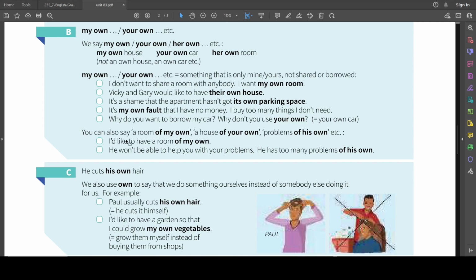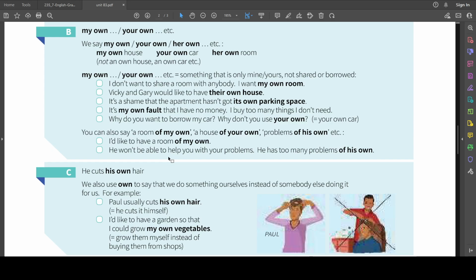You can also say a room of my own, a house of your own, or a problem of his own. For example, I'd like to have a room of my own. Or, he won't be able to help you with your problems. He has too many problems of his own.